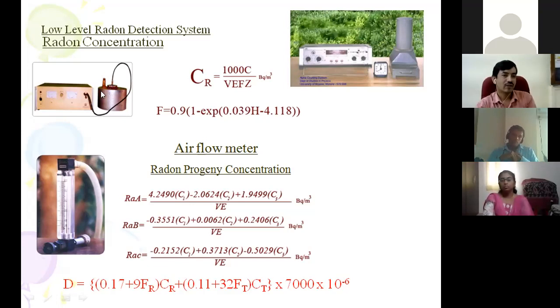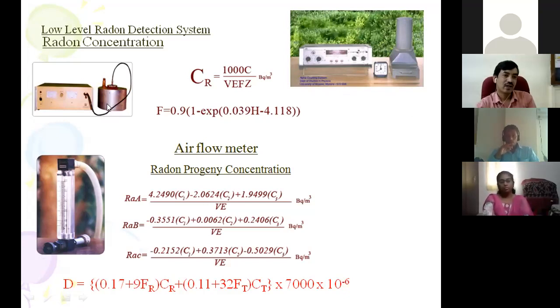After 1.5 hours of charging, we'll remove this plate, and it is fed to the alpha counting system. That means we'll count the number of alpha particles emitted by the polonium which is physically sitting on the metallic plate. Radon was there inside this gas and it has emitted polonium.